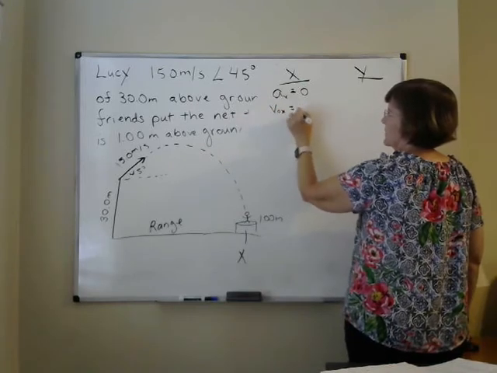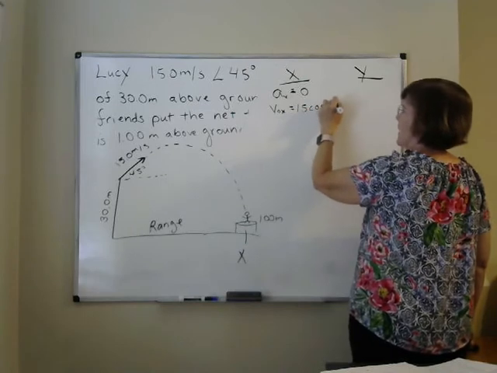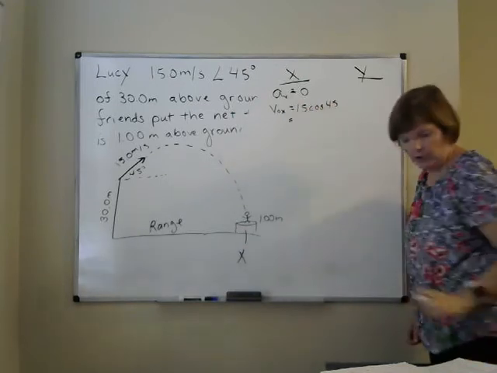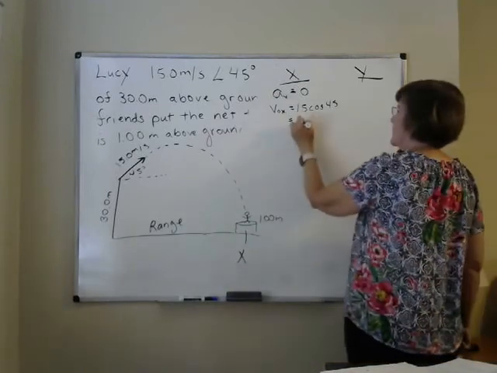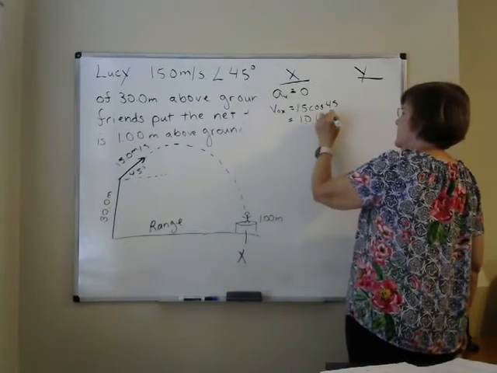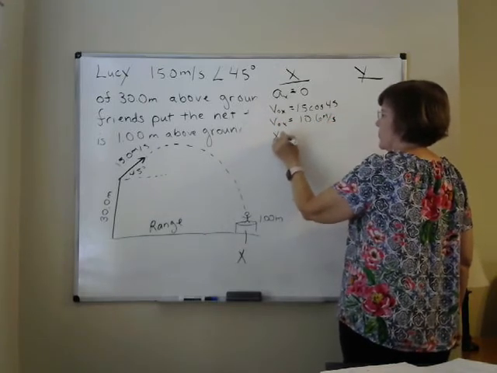V0x, I've got to do 15 cosine 45. I do have 3 significant digits, but let's just do 15 cosine 45. It comes out to be 10.6 meters per second. And of course, she starts at 0.